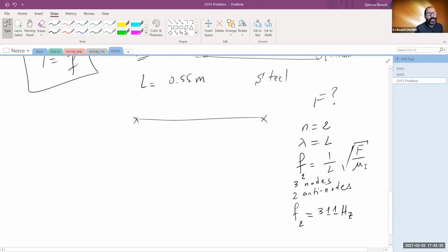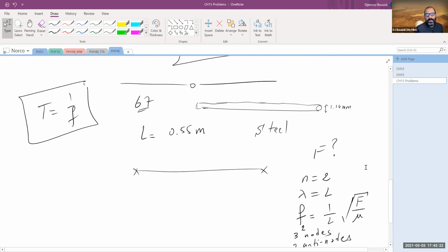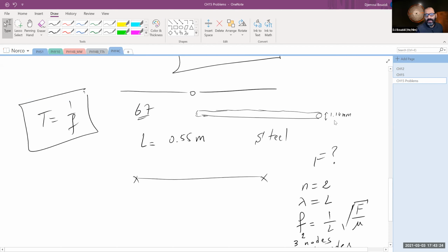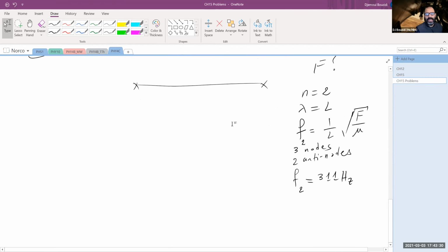We don't know what mu is, but we know that the material has this much diameter and this much length, and it's steel. Those are the pieces of information we know so far about this material, okay? If I want to find mu, I know it equals the mass over the length, and the mass of any material is equal to its density times the volume.